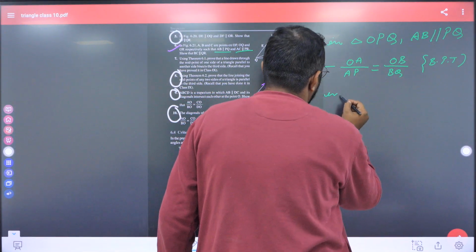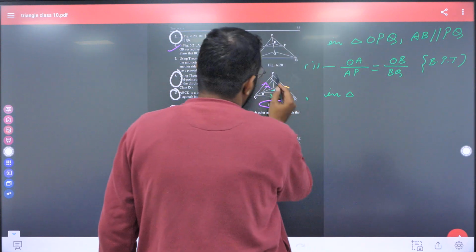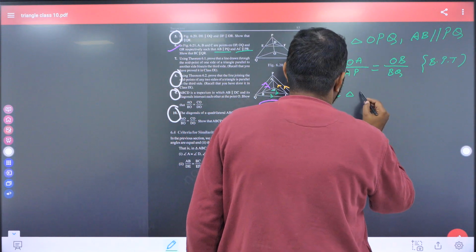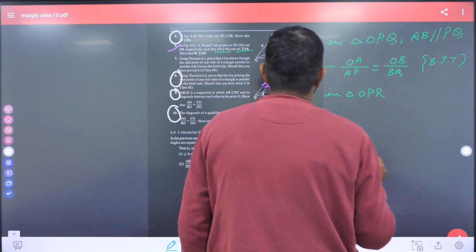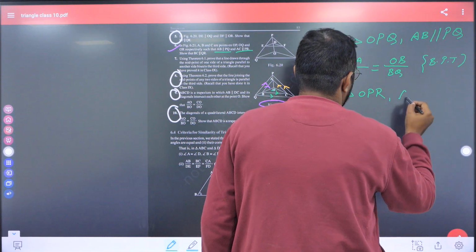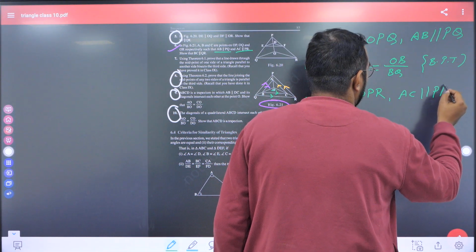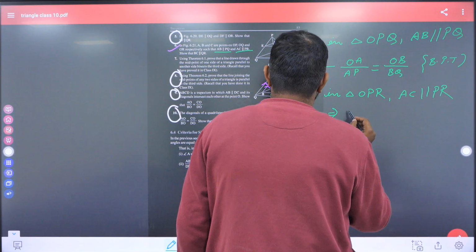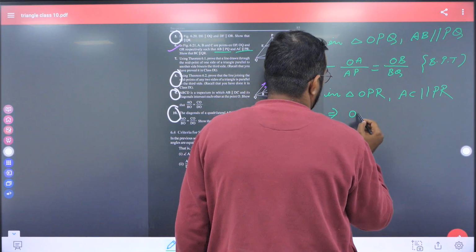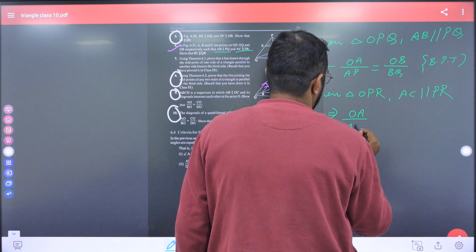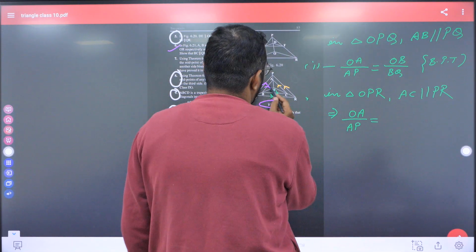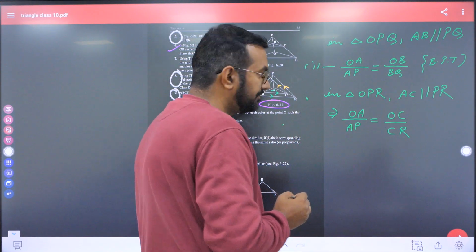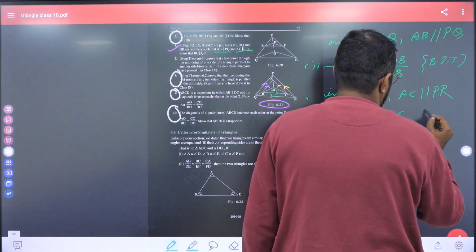So in triangle OPR, because AC parallel PR is relevant in triangle OPR, AC parallel PR implies that you can write OA upon AP is equal to OC upon CR, by BPT.